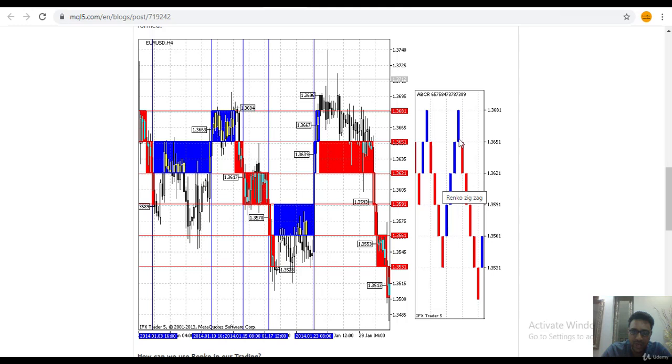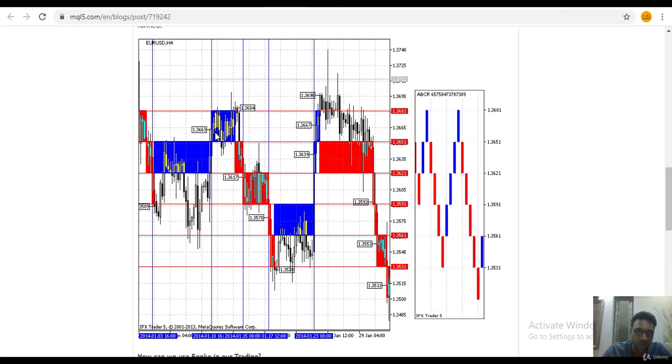Each candle represents 4-hour time. So you can see this whole area is one brick. This blue brick is all the candle movement in this area.